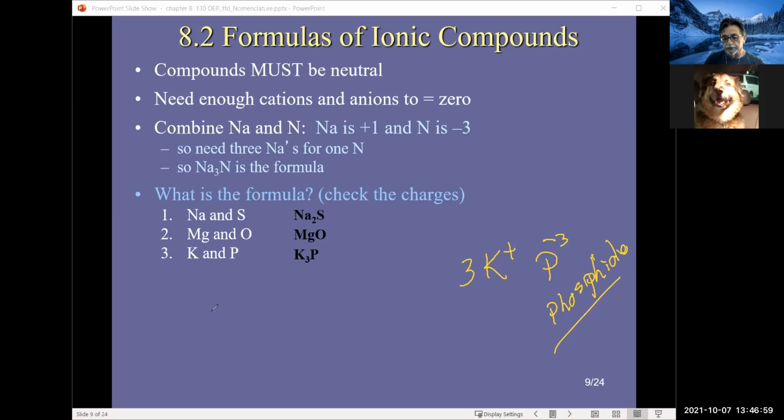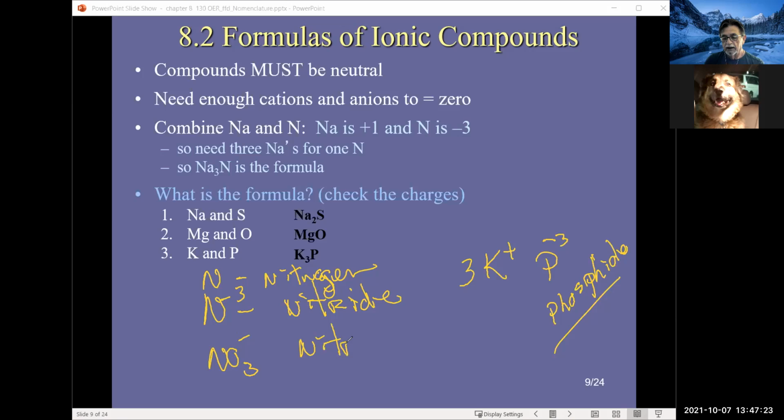For example, let's take a look at nitrogen. Nitrogen is nitride, name-wise, when it becomes, well, we have nitrogen, the element. Nitride, when nitrogen picks up 3 electrons, and then we have nitrate, when nitrogen is bonded to 3 oxygens and it has a -1 charge.